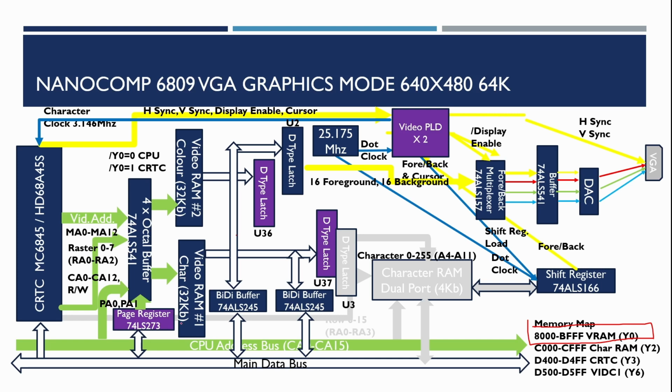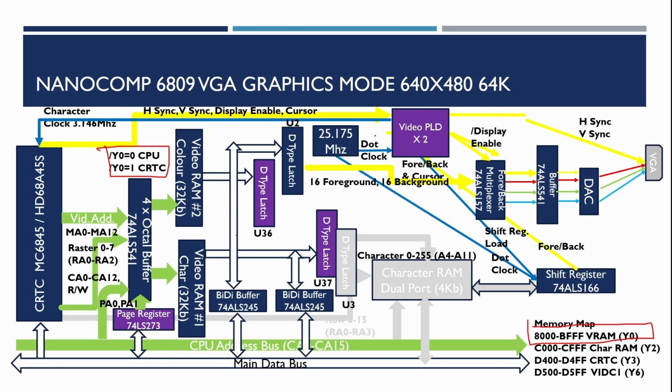So that basically allows us to select which of the 16K blocks of the video RAM we're accessing. And these Y0 signals up here, when the Y0 select signal is 0, it means the CPU is accessing the RAM, and when it's 1, then it means the CRTC is accessing the RAM. And you'll see that the way some of these buffers work and select things, and these bidirectional buffers here, all work in a similar way.